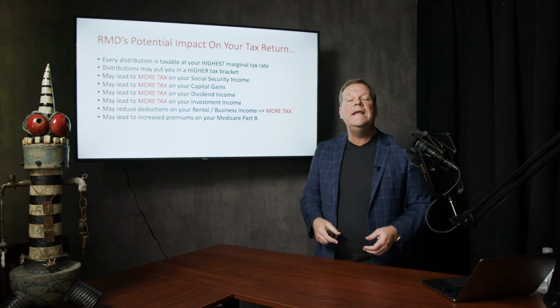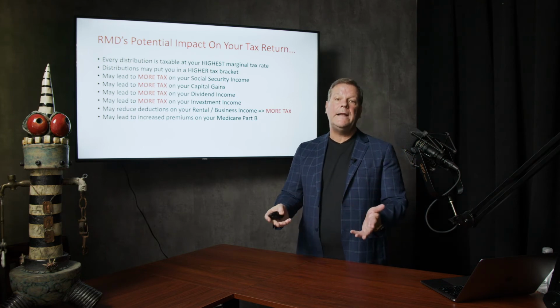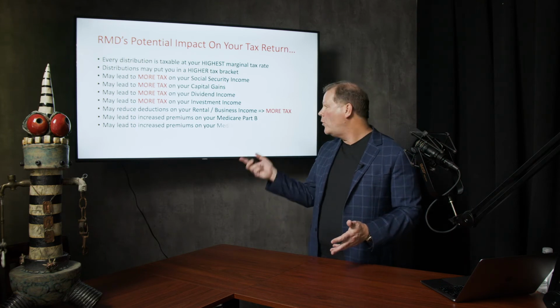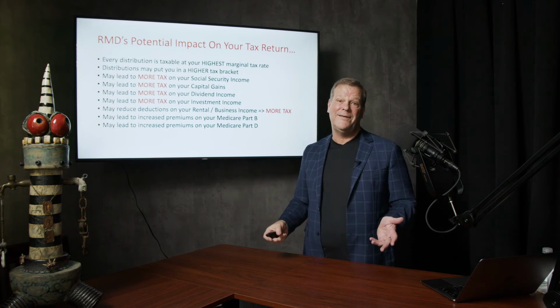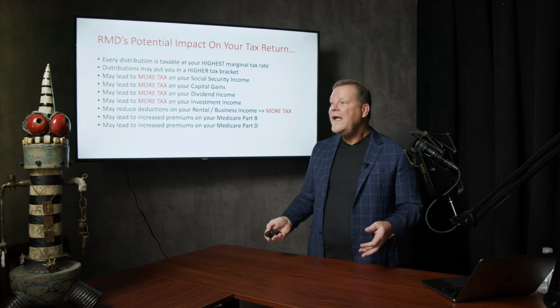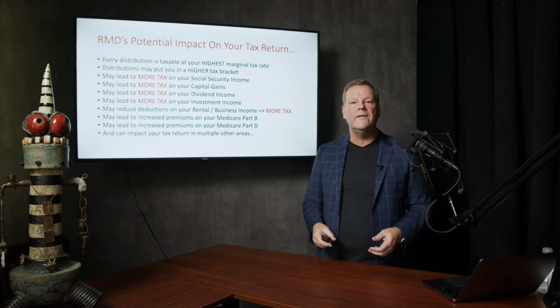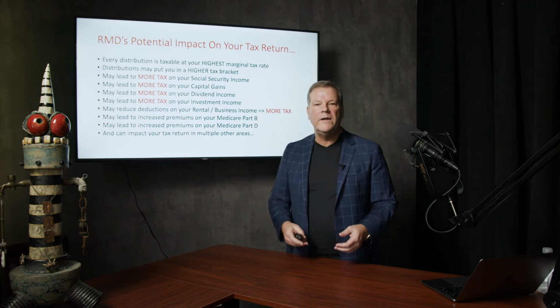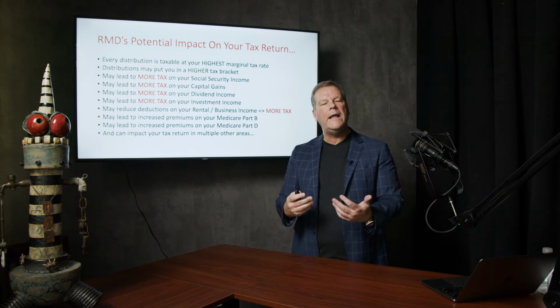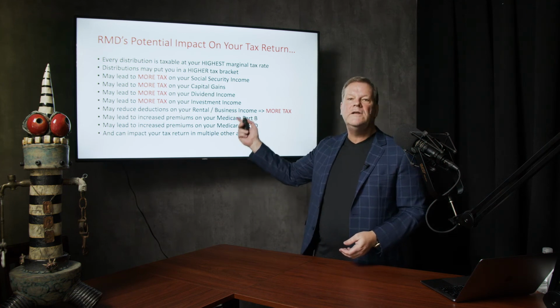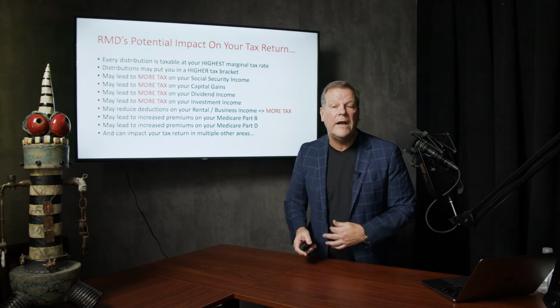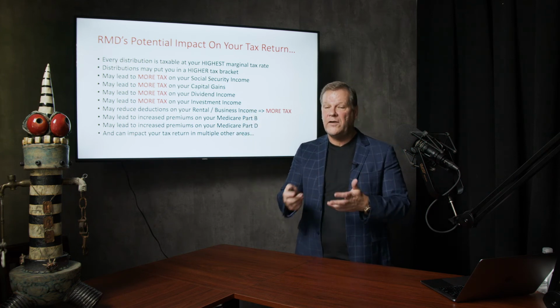It may lead to increased premiums on your Medicare Part B and, of course, Part D. They don't call that a tax, but let's be honest, it's more tax. And of course, in a lot of other areas. You think, oh, it's really simple. I take the money out, I have to pay tax on what I pull out, and I'm done. No, it actually leads to taxes in a lot of other areas. And that's what really starts to cause some problems.